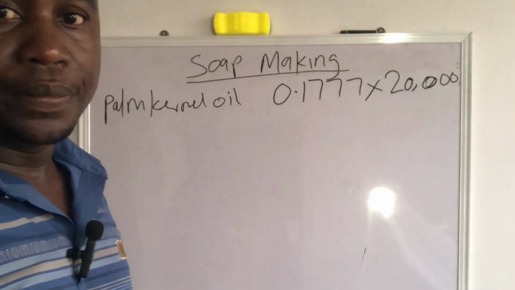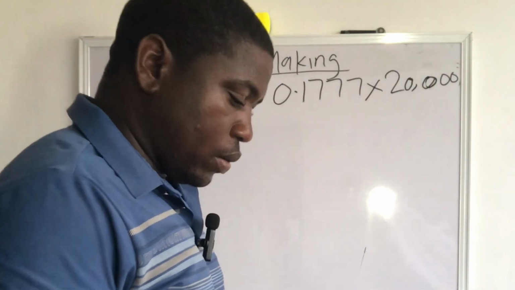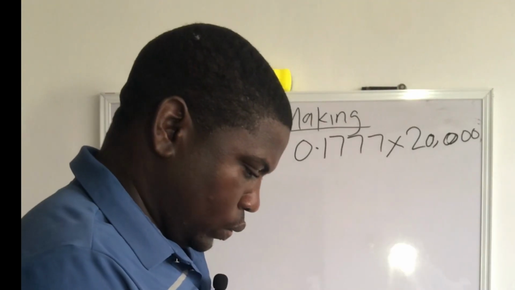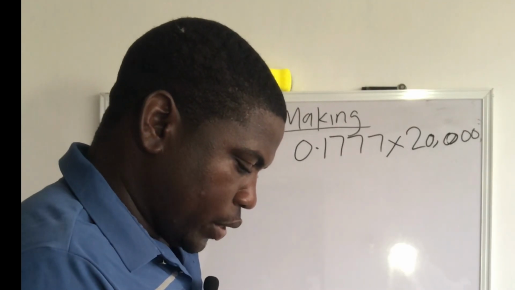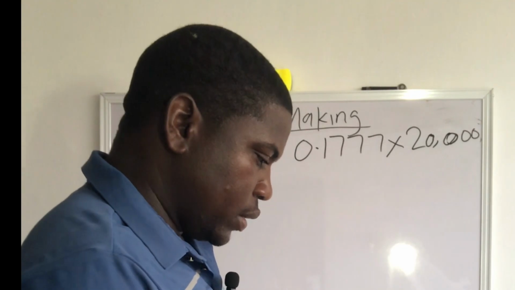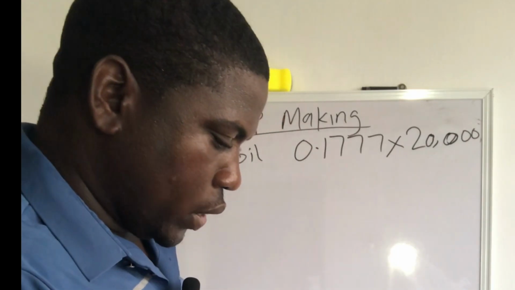Let's calculate it. 0.1777 times 20,000.